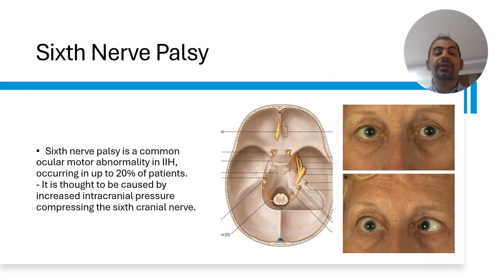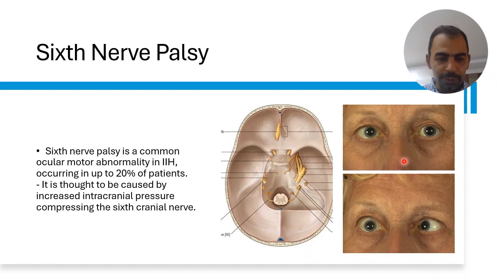One of the signs that may be seen in patients with IIH is the sixth nerve palsy. For example, this patient has failure of abduction of the left eye due to left abducent paresis or paralysis. Sixth nerve palsy is common as an ocular manifestation of IIH, occurring in about 20% of the patients.